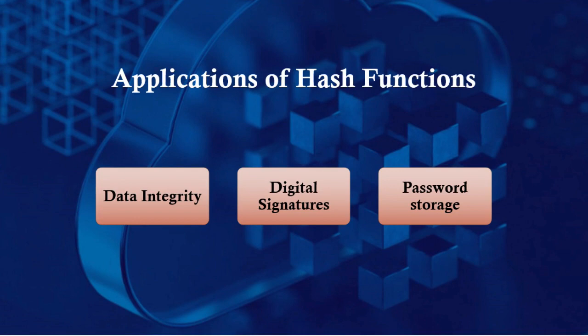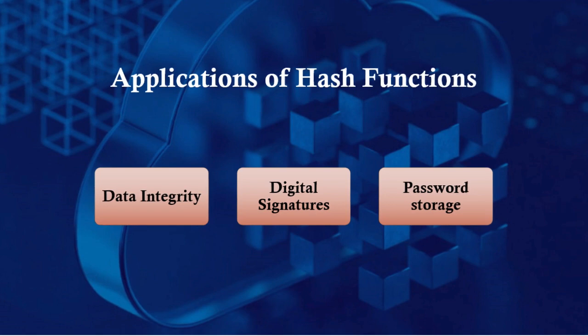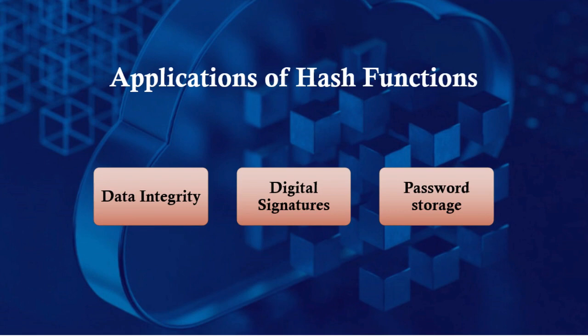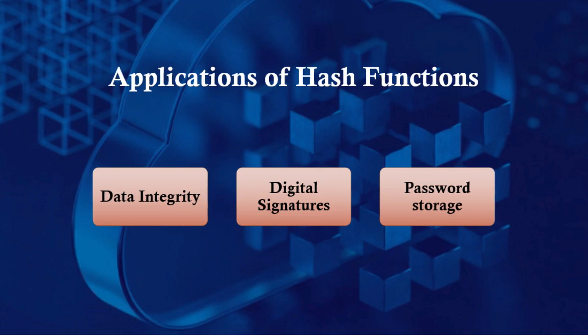Hash functions are used to ensure data integrity by generating a unique hash of the original data, which can be compared with the hash of the received data to check if it has been tampered with or corrupted. Hash functions are used in conjunction with asymmetric key cryptography to create digital signatures, which provide authentication and non-repudiation.